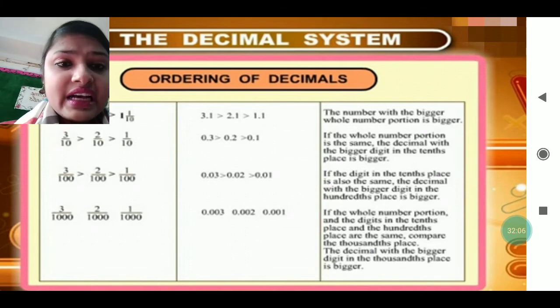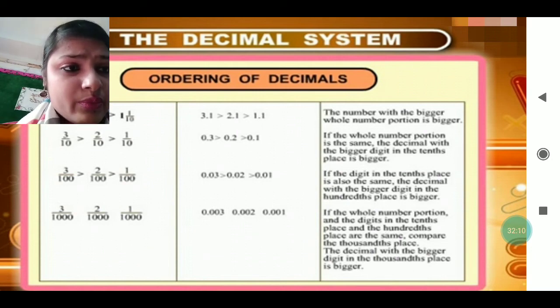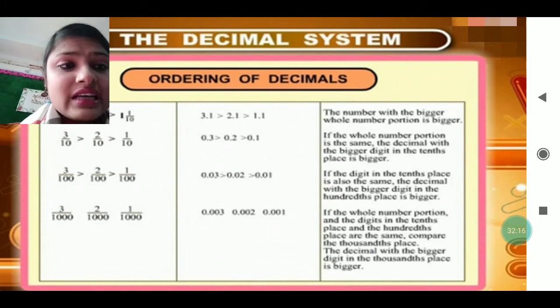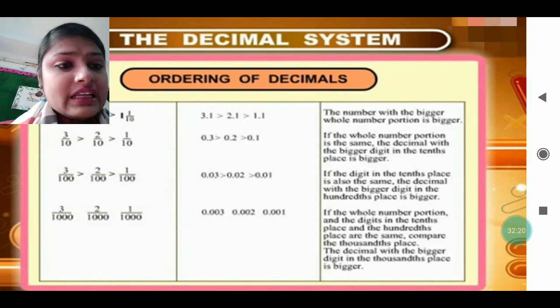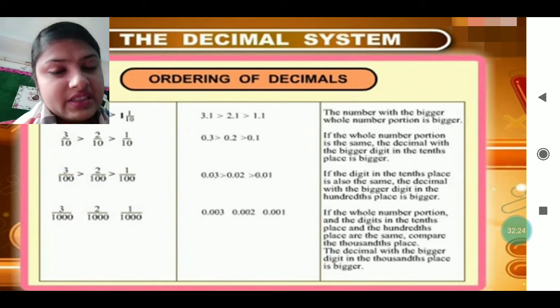In the same way, the last one says, if the whole number portion and the digits in the tenths and hundredths places are the same, compare the thousandths place, and the decimal with the bigger digit in the thousandths place is bigger.